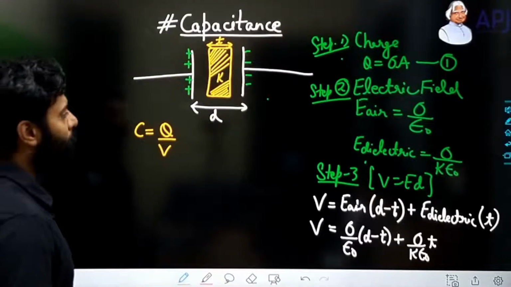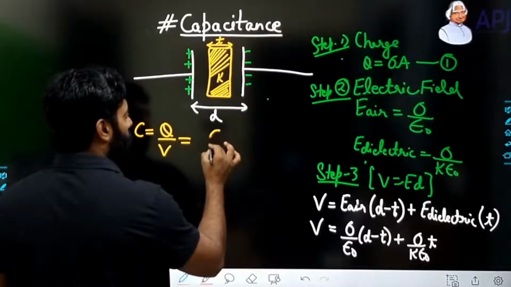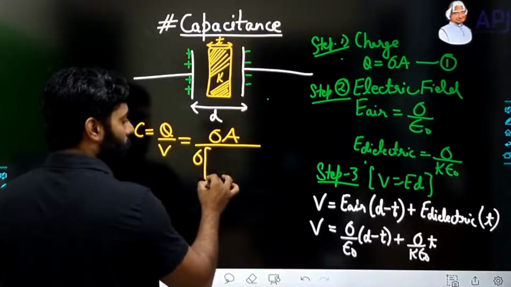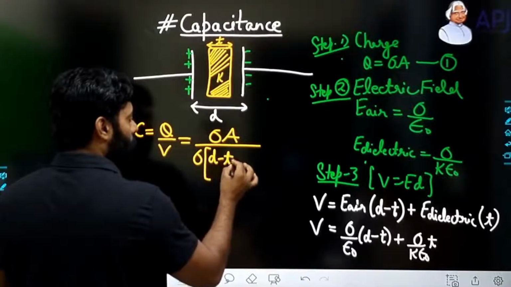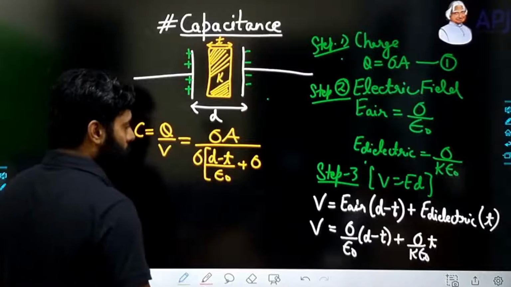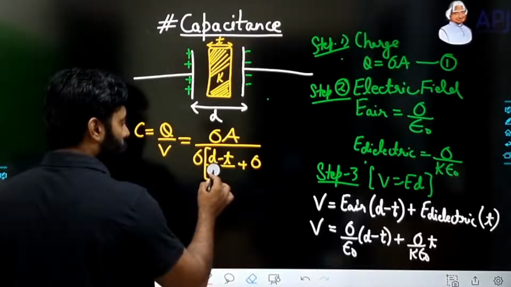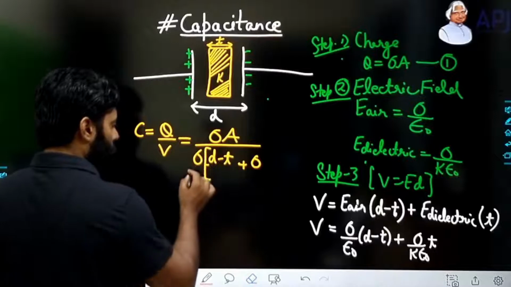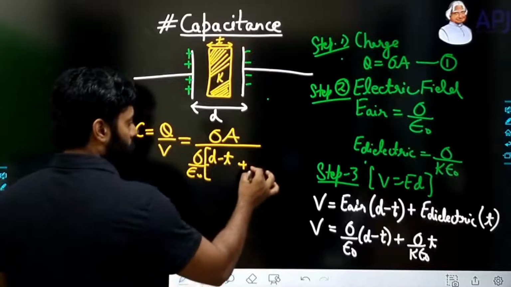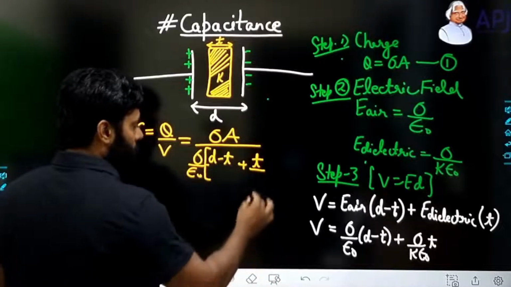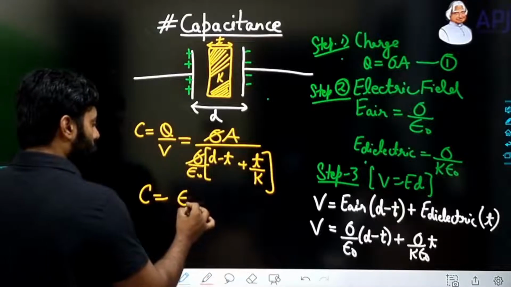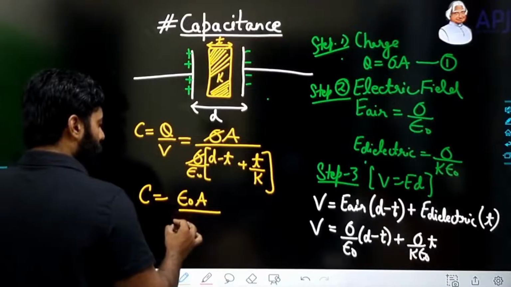C = Q/V, where Q = σA and V = σ/ε₀ times (d − t), plus I can take this as common as well, t/K. The σ will cancel, and C = ε₀A divided by (d − t + t/K).